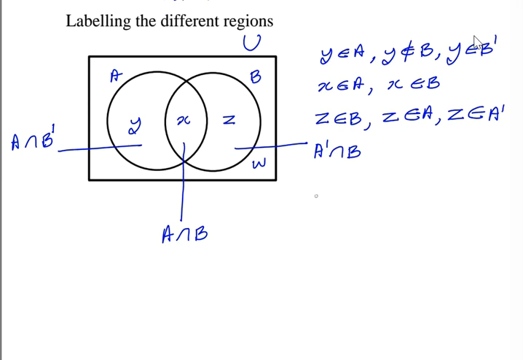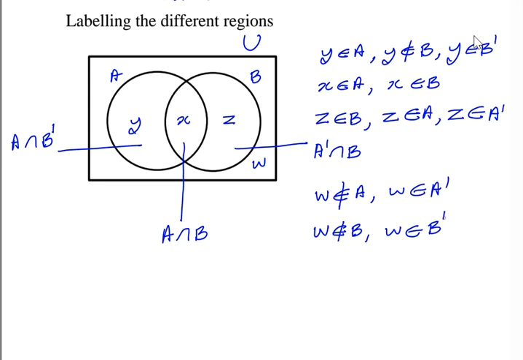Now W. W is not an element of A, so that means that W is an element of A complement.